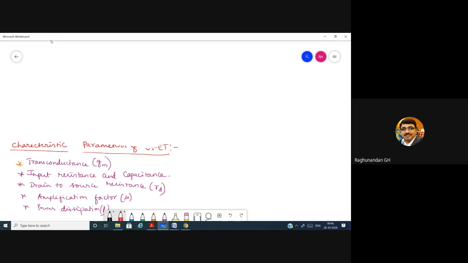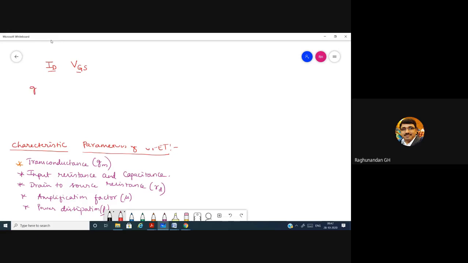The conductivity depends upon two parameters, that is current ID and gate to source voltage VGS. Because VGS is the one which is going to control the flow, ID is the one which is going to indicate the current flow. So these are the two parameters we are going to consider.